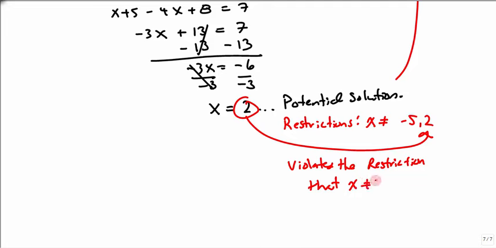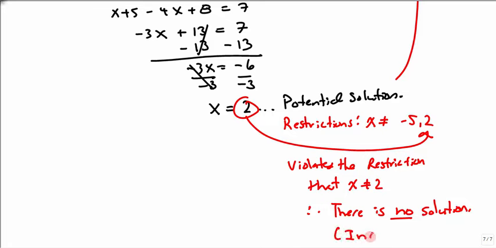That x cannot equal 2. And because my only potential solution violates the restriction, I'd have to say, therefore, there is no solution. So if you wanted to talk about the fact that there was no solution here, there's no solution, so we would call this inconsistent if it asks.